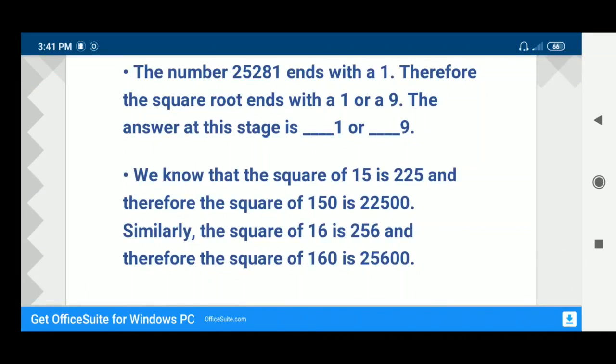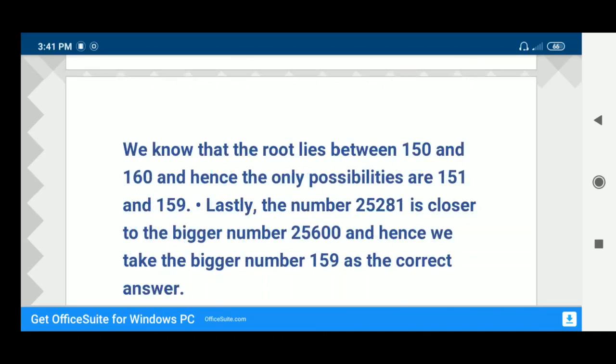Similarly, the square of 16 is 256, and therefore the square of 160 will be 25600. We know that the root lies between 150 and 160, and hence the only possibilities are 151 and 159. Lastly, the number 25281 is closer to the bigger number 25600, and hence we take the bigger number 159 as the correct answer.